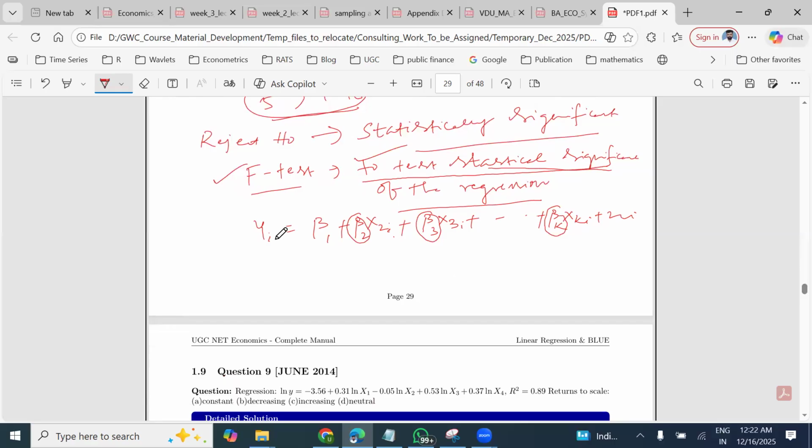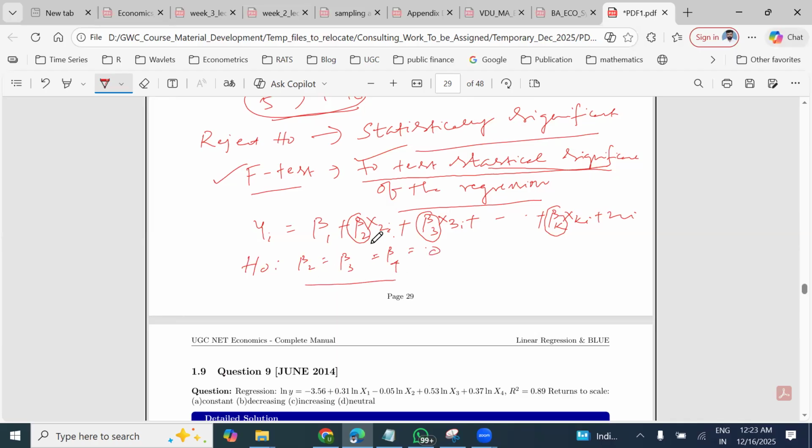So how will I write? I will write like this. My null hypothesis will be beta 2, beta 3, beta 4, and it will go on like this, is equal to 0. Is it clear, Sangeeta?